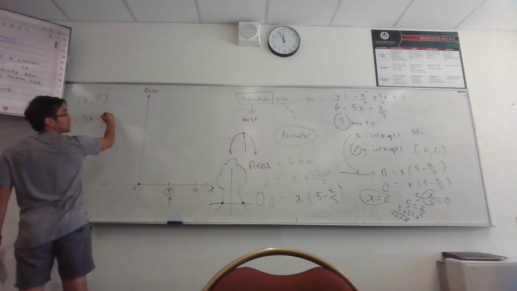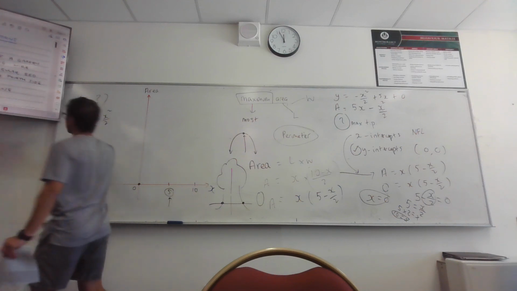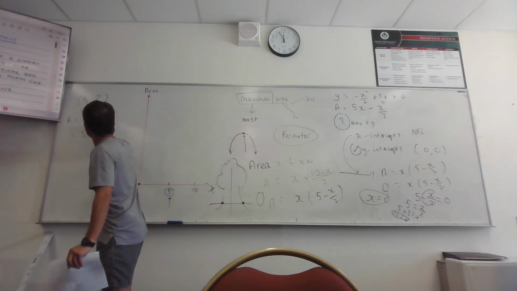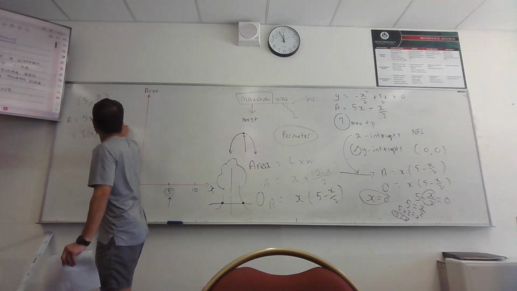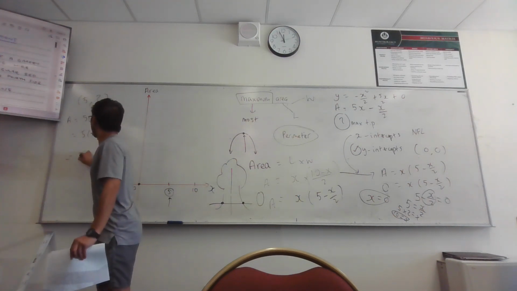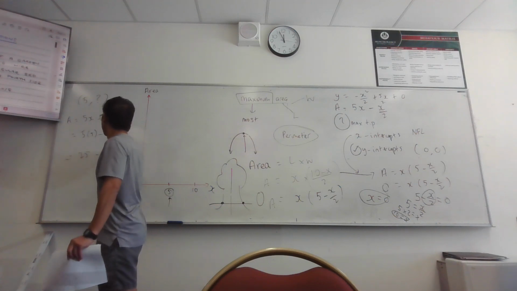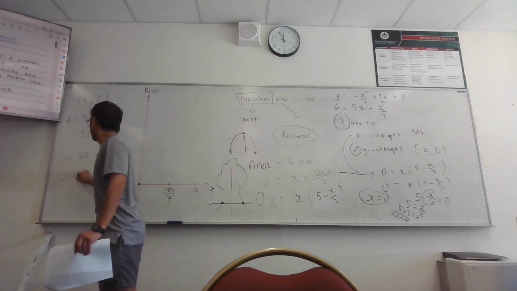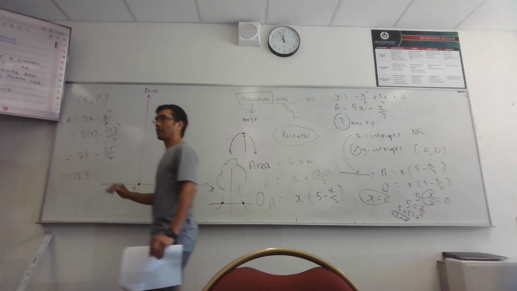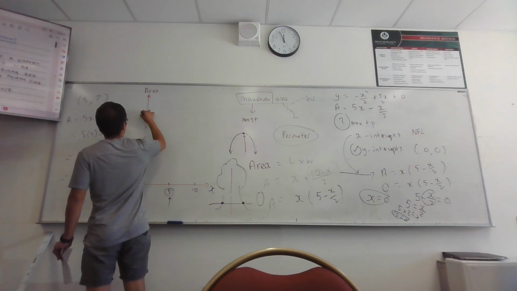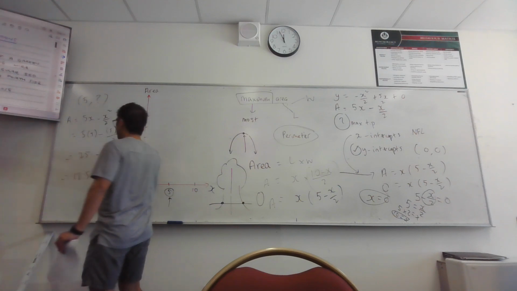I hope I copied that right. Okay, cool. Put the 5 in. 25, take away 12 and a half. 25 on 2 is 12 and a half. Okay, so when we go up here, what is 25 on 2? 12 and a half.